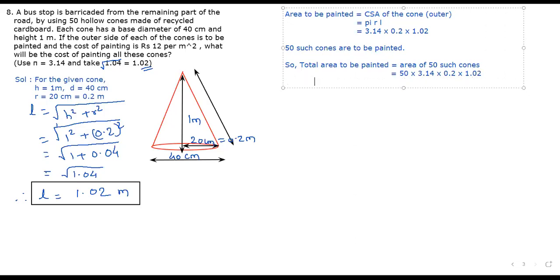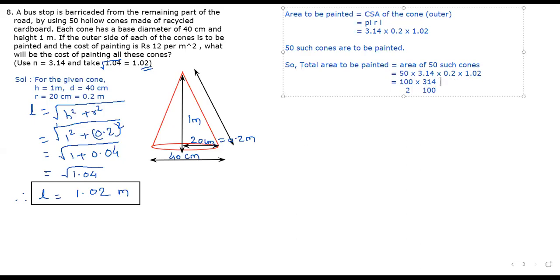And for 50, I'm purposely going to write it as 100 upon 2. 100 upon 2 into 314 upon 100, 2 decimals, and 2 decimals.